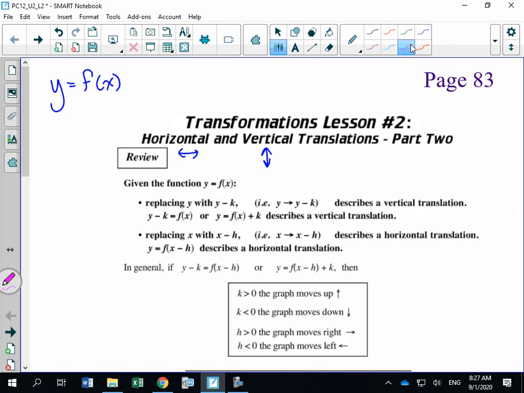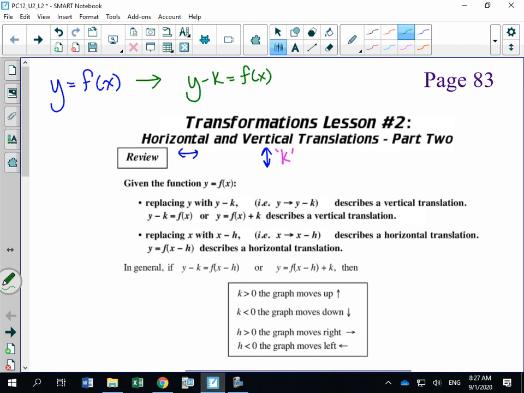There's two parameters associated with these translations. An up-down move, which is a vertical translation, that is our k parameter. So I take the original function that I was given, and I could write y minus k is equal to f of x.